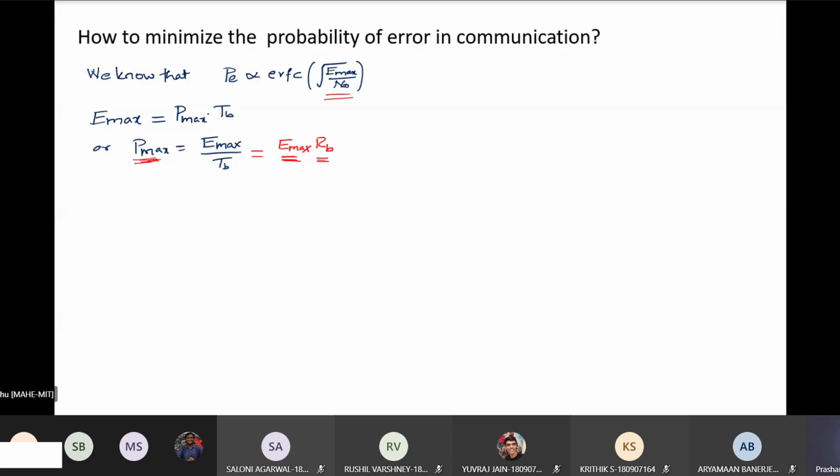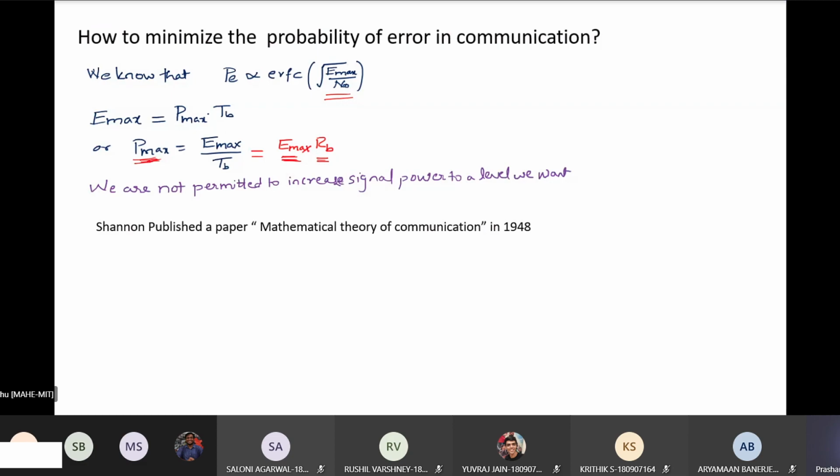That we have to learn from information theory itself. We are not permitted to increase the signal power to a level we want. The designers were under the impression that to minimize the probability of error, we need to increase the SNR. That was the impression until 1948.